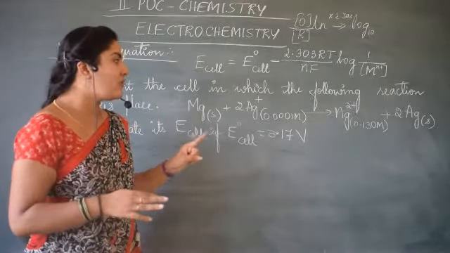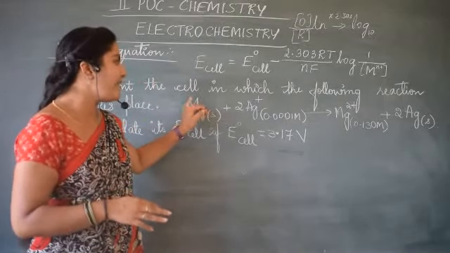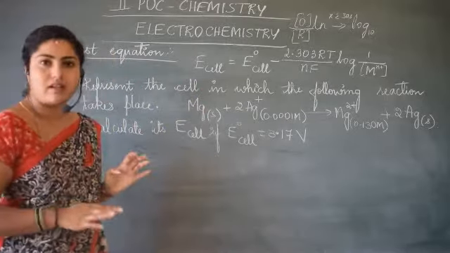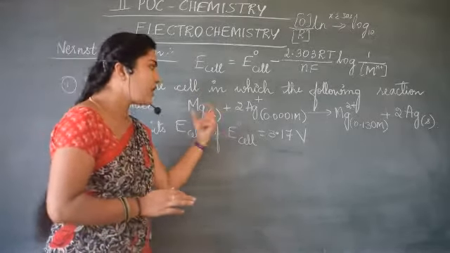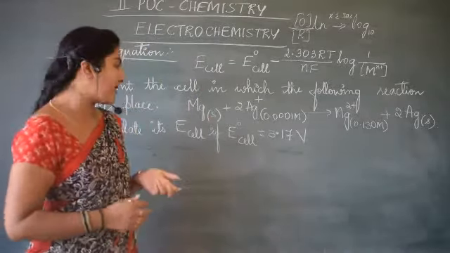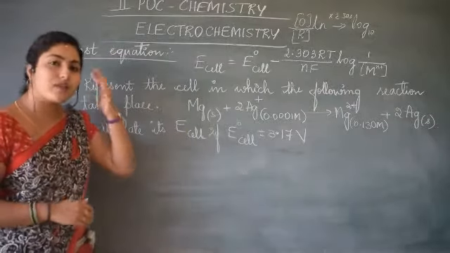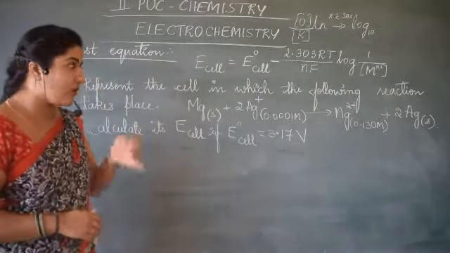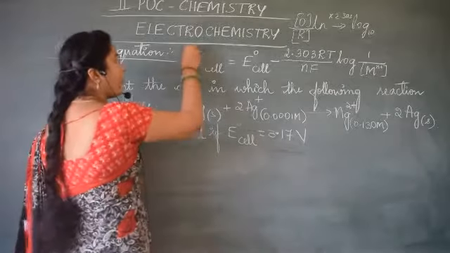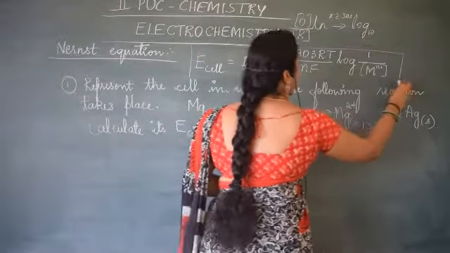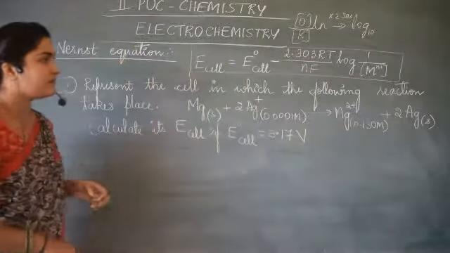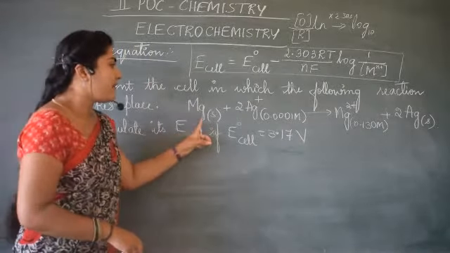So first we will write the cell notation for this reaction, and then we will calculate E cell, because you know to use the Nernst equation. We have a formula to calculate E cell of any given reaction. First, how do you represent it?